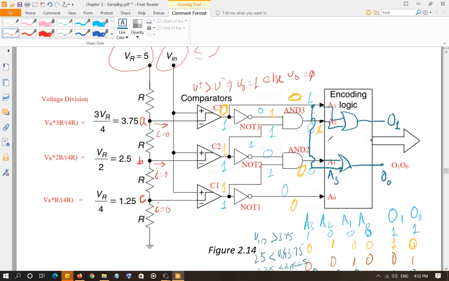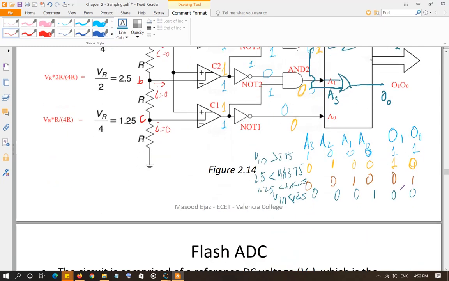You don't need it. All you need are the 3 inputs. Whenever all 3 of the inputs, A3, A2, A1, are 0, then A0 will be assumed to be automatically 1, and the output that will be generated will be 0 0, of course, from these 2 OR gates. Okay, so go over it, and then I hope you would understand Flash ADC.